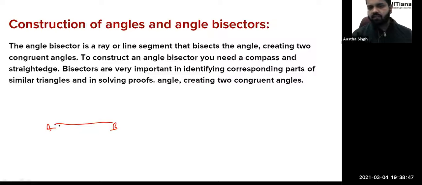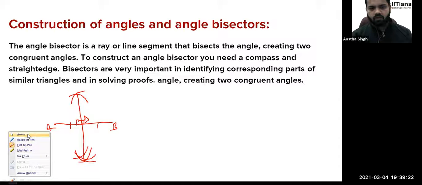Put the compass at A with a radius more than half of AB, meaning just near your point B. Make an arc above it and below it, and get points P and M. Just join them. So your point D will be perpendicular and will also bisect. This is what perpendicular bisector means.